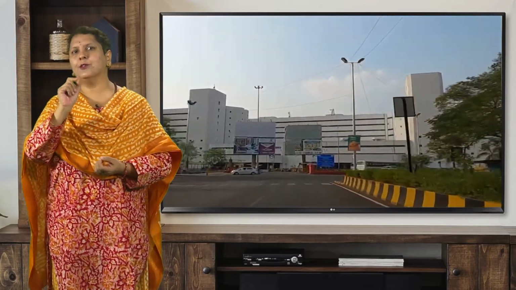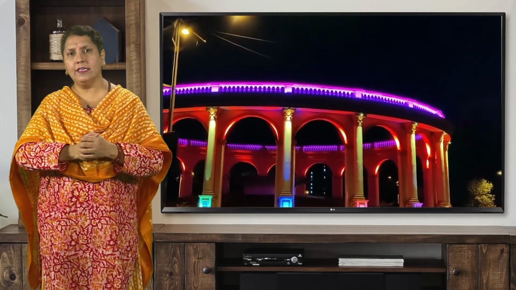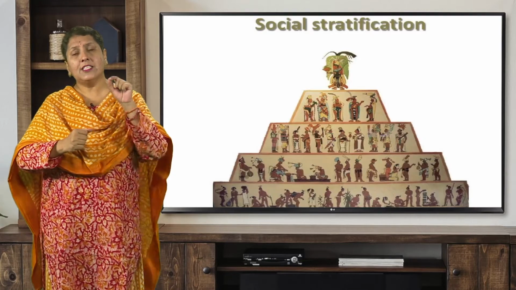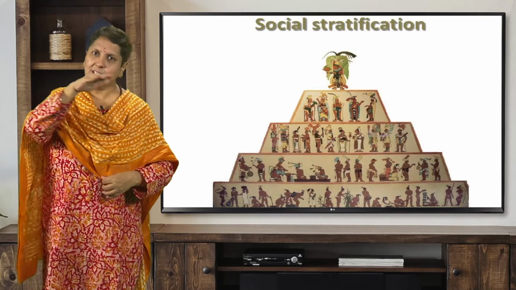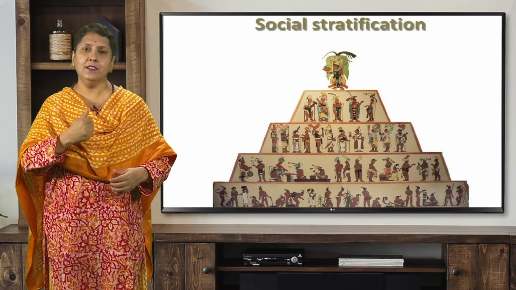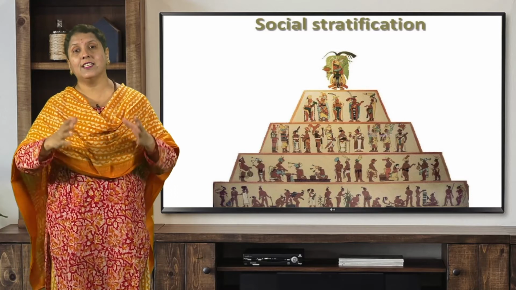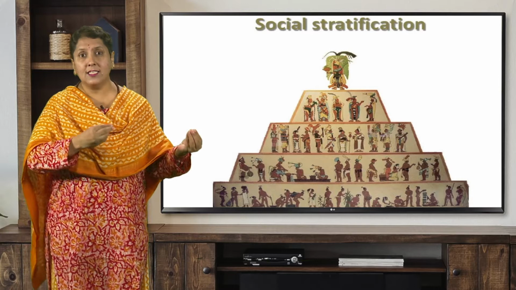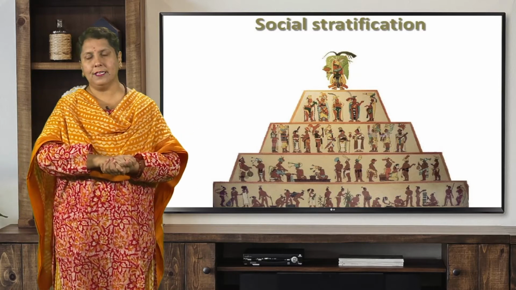Let me take a minute to explain what we mean by social stratification. This lesson will be discussed in more detail in the coming days, but for the time being, stratification comes from the word strata. Strata means layers or levels. So when you talk about urban stratification, it implies what kind of layers or levels exist in urban areas. Caste, class and estate are very popular forms of stratification.